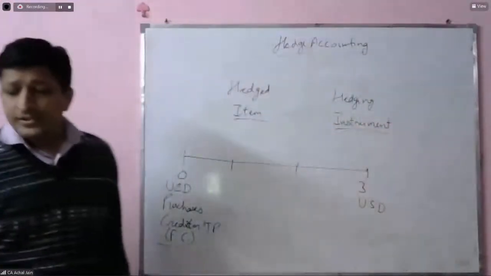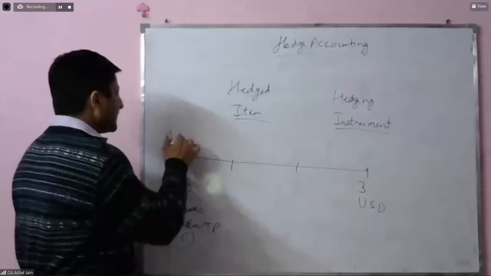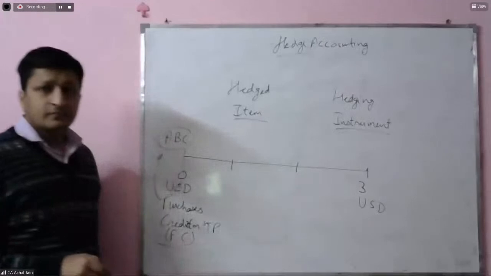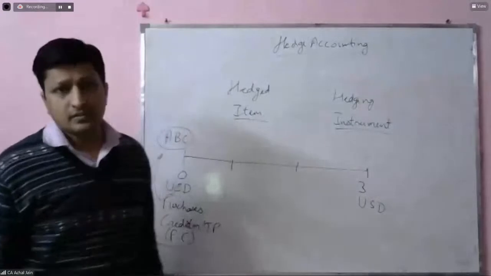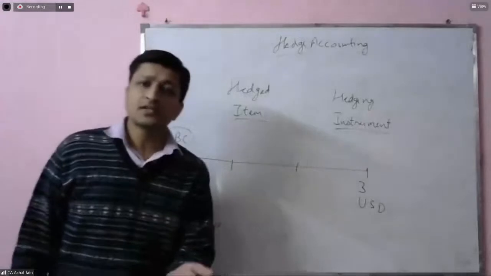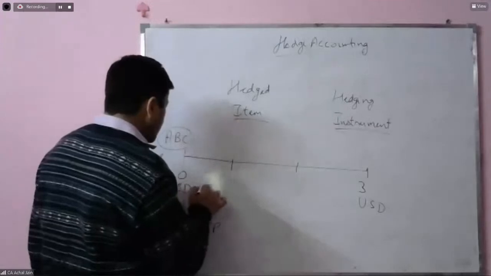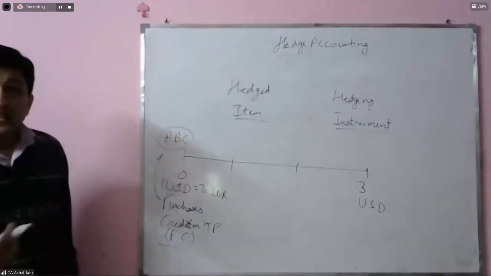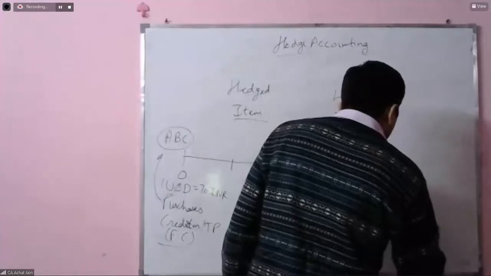So now, because of this transaction, the entity, say it's ABC, which has purchased, is now exposed to the risk of changes in foreign currency. Why? Because let's suppose today 1 USD is equivalent to 70 INR. Then there is a possibility that 1 USD may become equivalent to 80 INR.